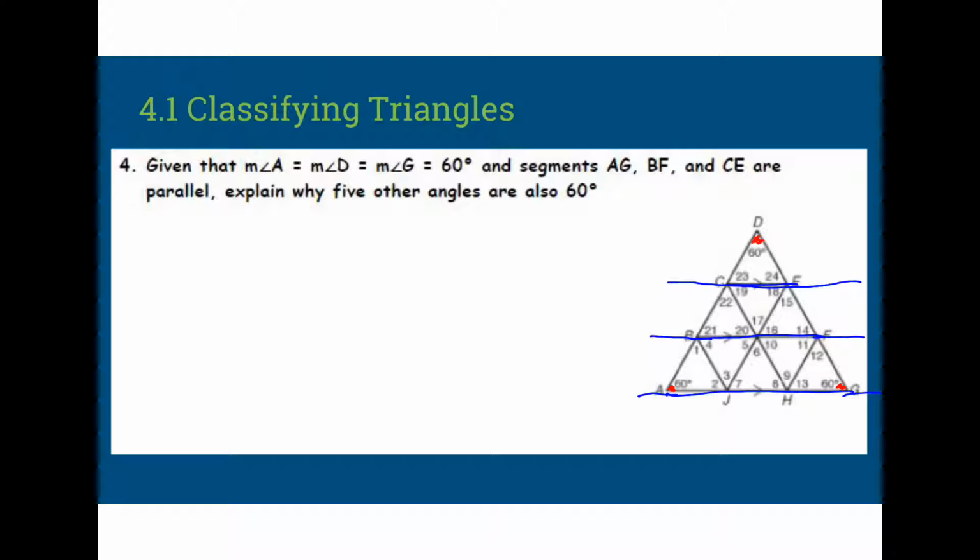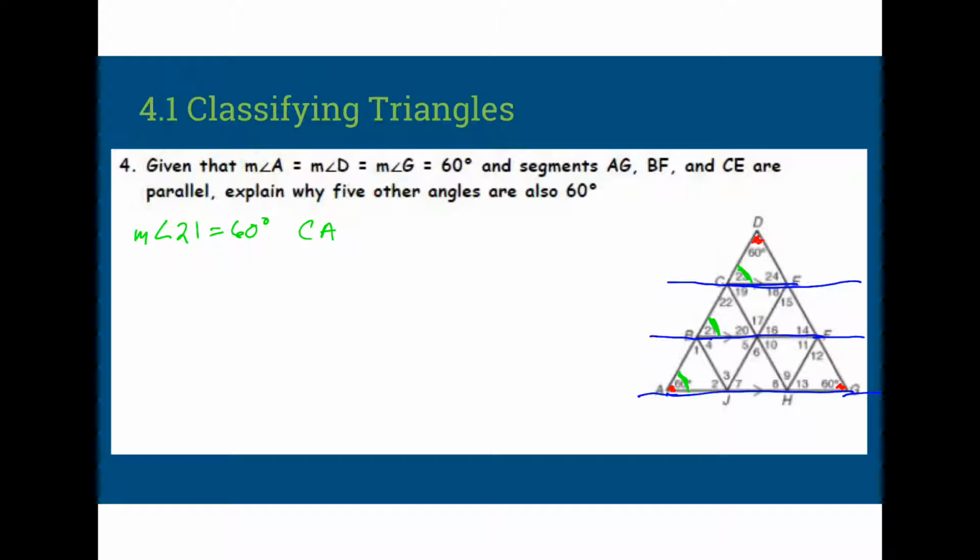All right, well, I think the easiest ones to start with would be this angle 21 here, this angle 23. And how do I know that those are going to be 60? Well, they are corresponding to angle A. So I can say the measurement of angle 21 is equal to 60 degrees because it's corresponding angles.